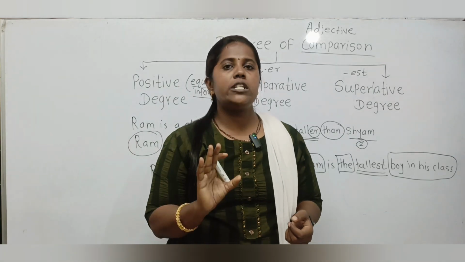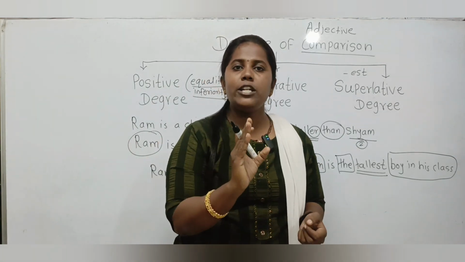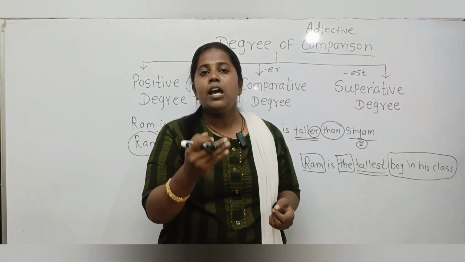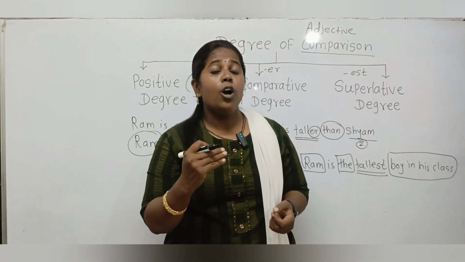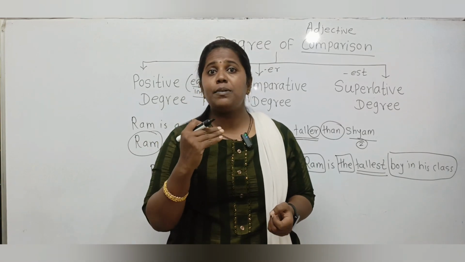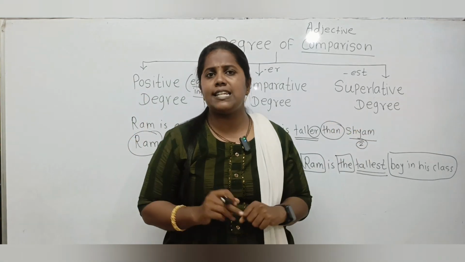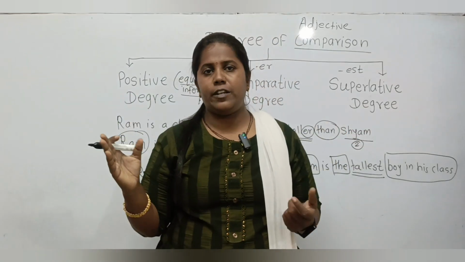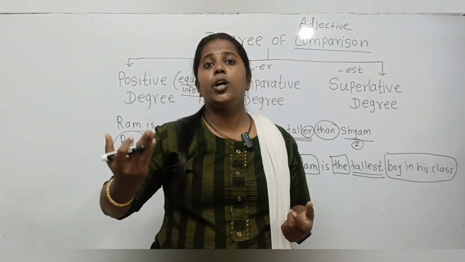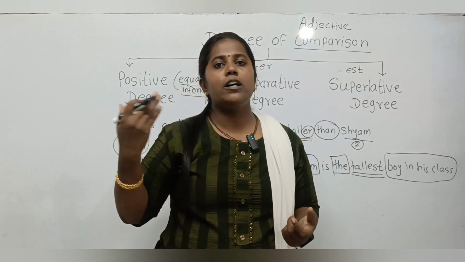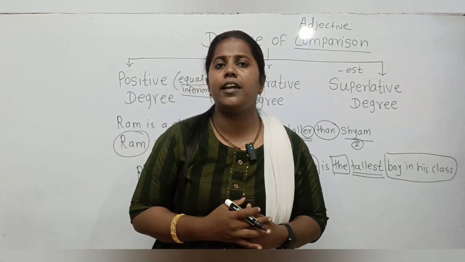Positive form is original form of adjective, then comparative form is second form we can say, which takes suffix er, or sometimes it takes more, or sometimes there are some exceptional adjectives, those don't take any suffix. Okay, like good, better, best, bad, worse, worst, such type of examples are there.